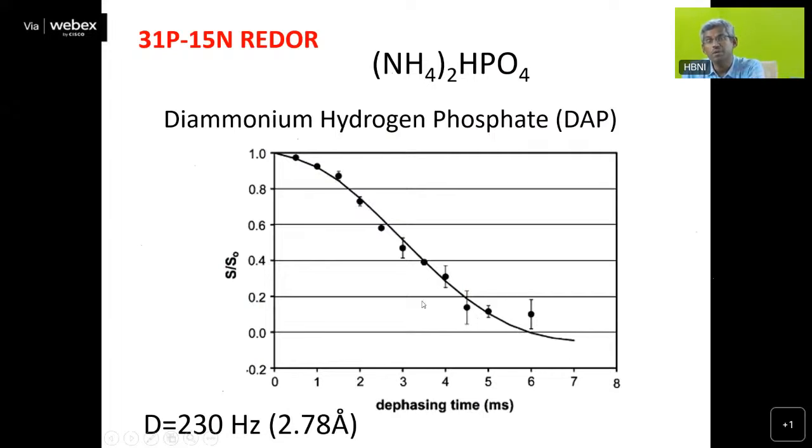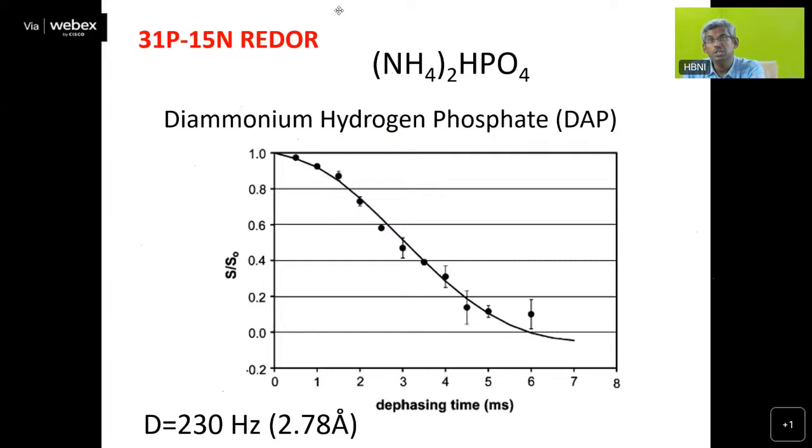You can have a theoretical curve which matches the experimental values, and once they match, you get a scale factor. That scale factor is nothing but the dipole-dipole coupling constant. If you know the expression, you can say the nitrogen to phosphorus distance is of the order of around 2.78 angstrom. Is this clear to you?